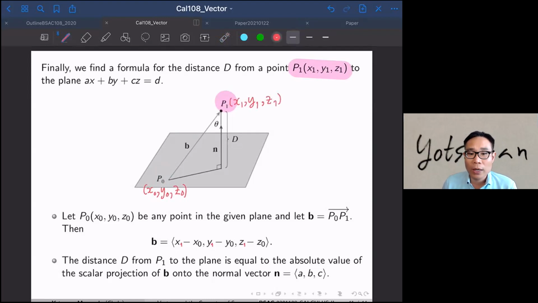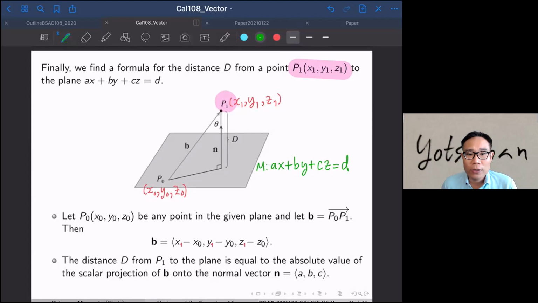You'd like to find the distance from P1 to the plane. The plane M has the equation ax plus by plus cz equals d.